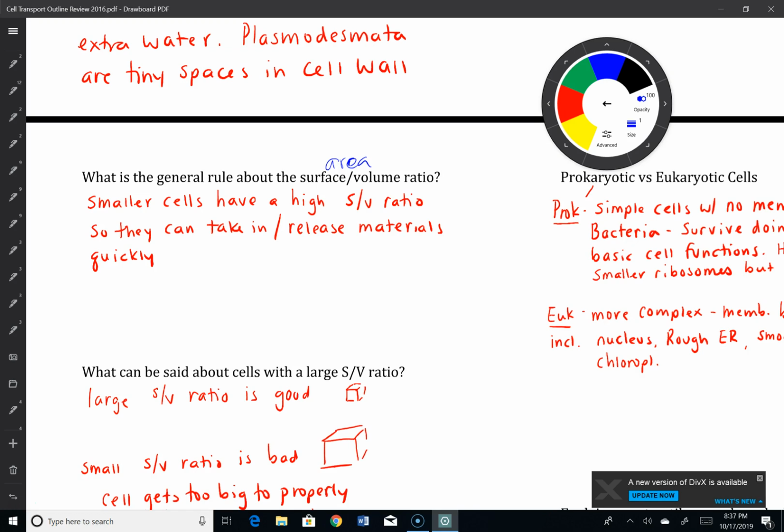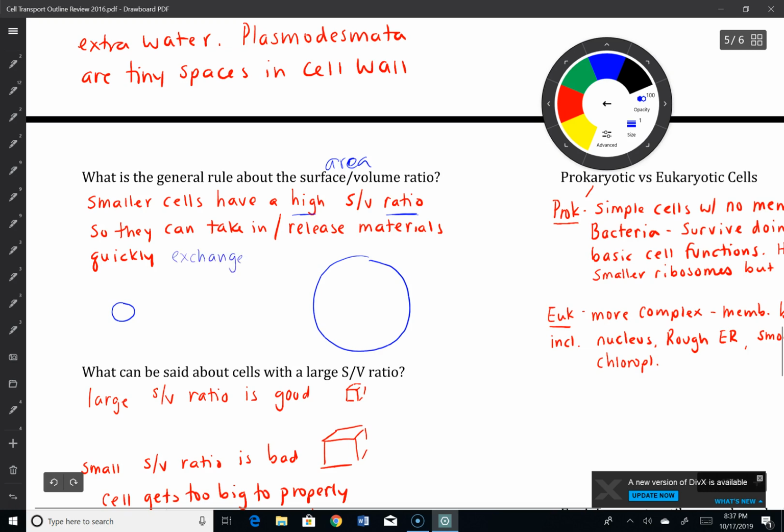And the rule of thumb is a small cell versus a large cell. Bigger is not better here. A smaller cell has a higher ratio, and the ratio is good because materials can be either taken in, released, they can be exchanged, whatever word you feel like saying, more quickly when the cell is small.